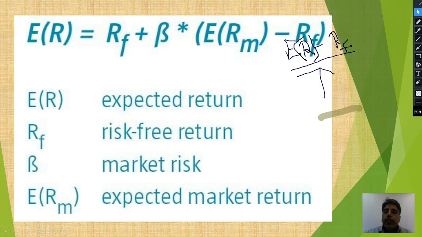Here is the equation. As I discussed, expected return is equal to RF plus beta, which is the coefficient of sensitivity or a systematic risk factor, or you can say the overall market risk associated with the particular stock and the market portfolio or the total stocks, multiplied by the risk premium, as I said.